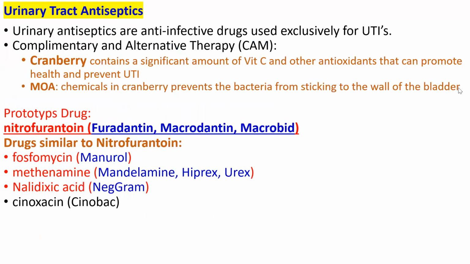The next drug is fosfomycin, Monurol. That drug was approved in 1996 and has been classified as a cell wall inhibitor, and it reaches a high concentration in the urine and the bladder.